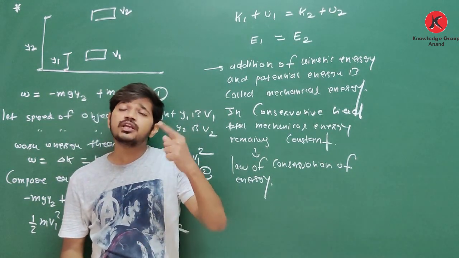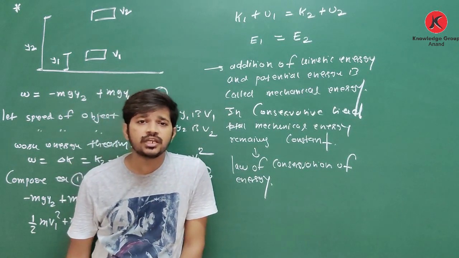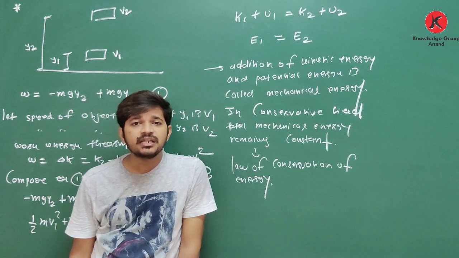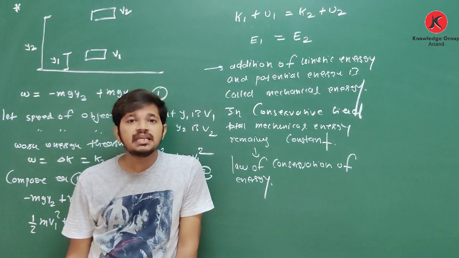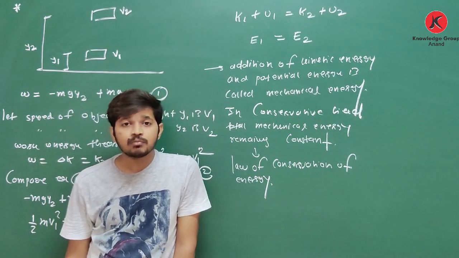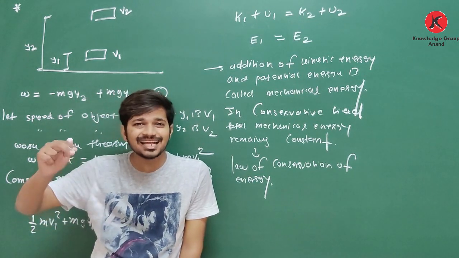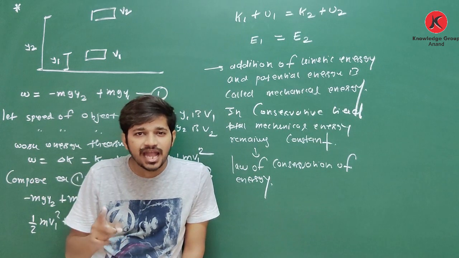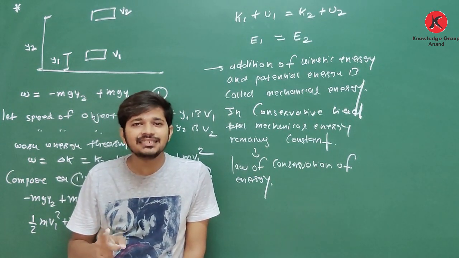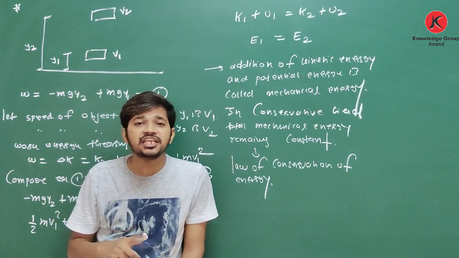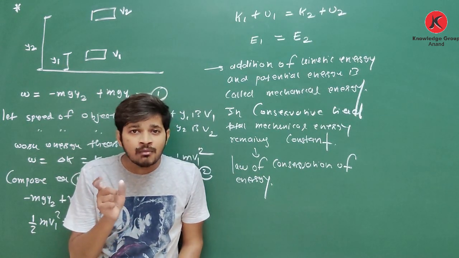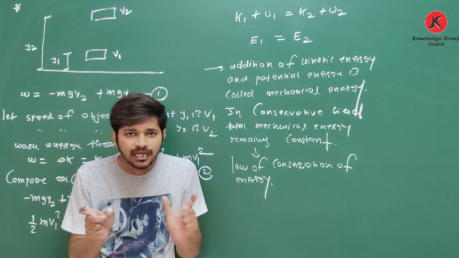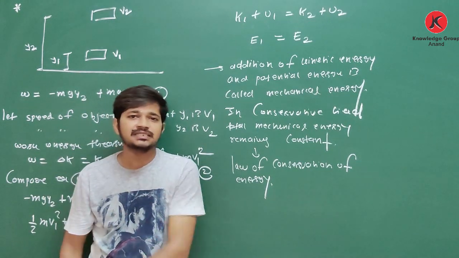As it moves upward, its speed decreases, so kinetic energy decreases, but height increases. So kinetic energy decreases, potential energy increases, and the amount by which kinetic energy decreases equals the amount by which potential energy increases.